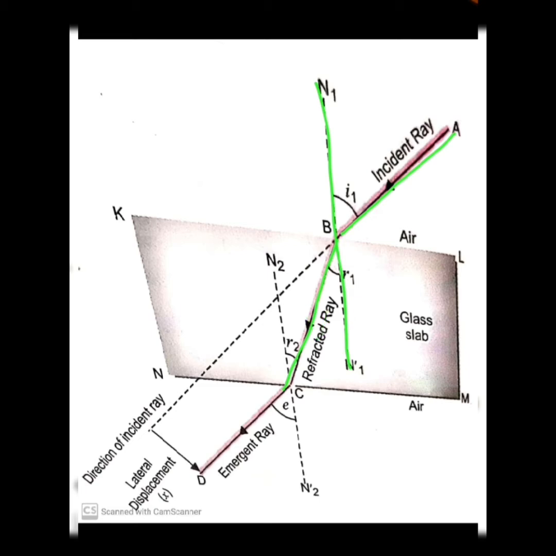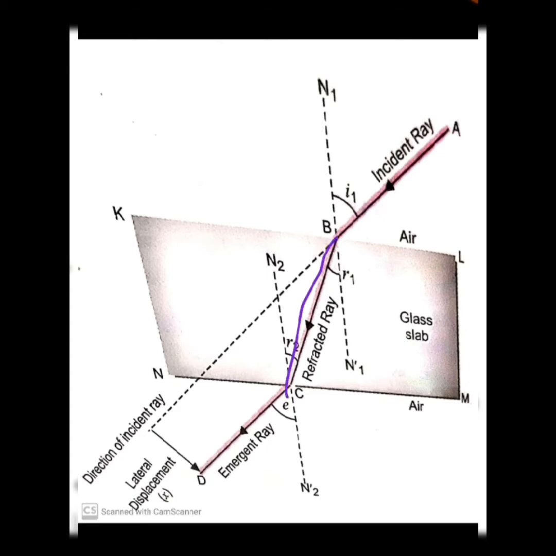After that, it goes along BC at angle of refraction R1. For the refracted ray BC, the angle of refraction is R1, which is CBN1 dash.